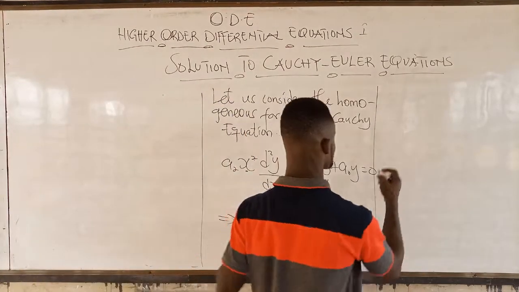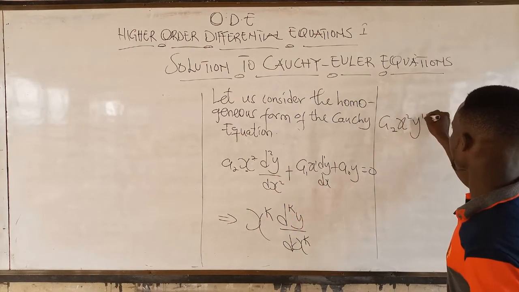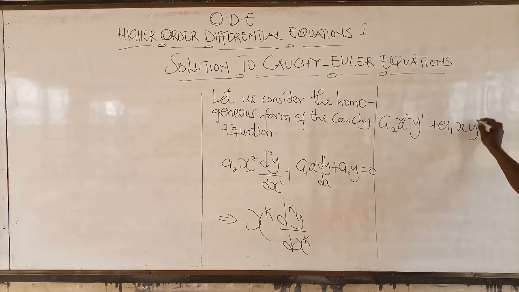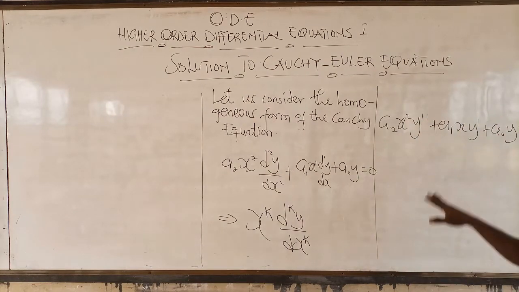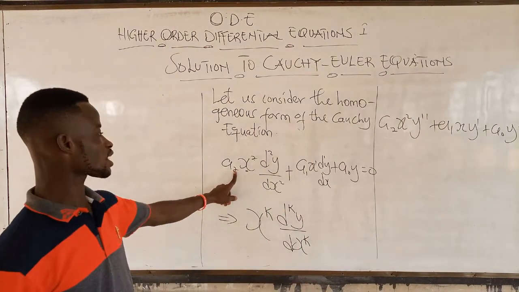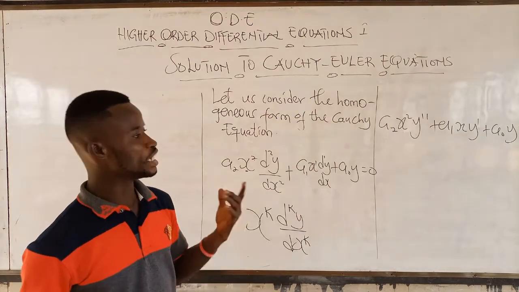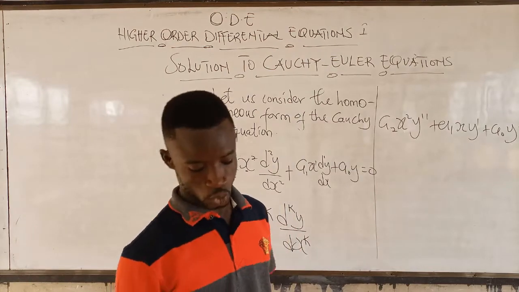For instance, this can be written as a2 x squared y double prime plus a1 x y prime plus a0 y equal to 0. How can we see that? Power 2 under order 2. That's how we check it. The rest is not the focus. And don't forget, a2 cannot be equal to 0, because then it would cease to be a Cauchy-Euler equation of order 2.